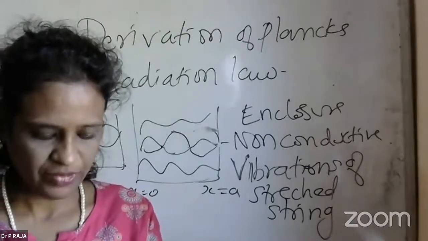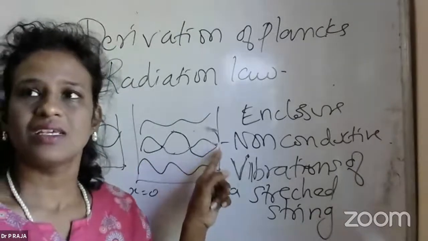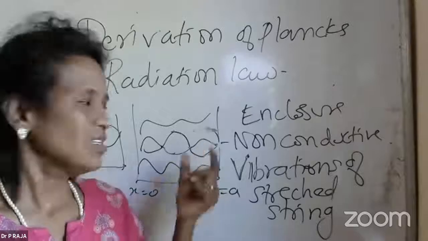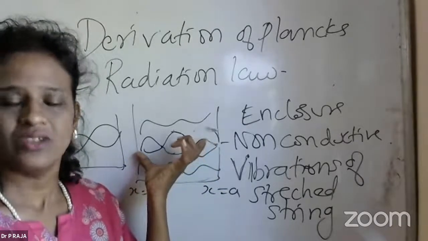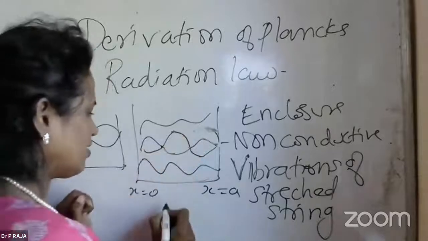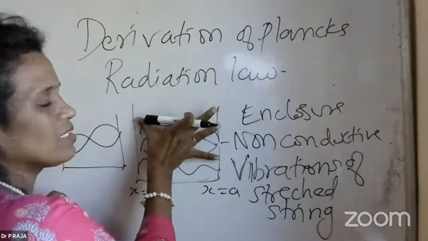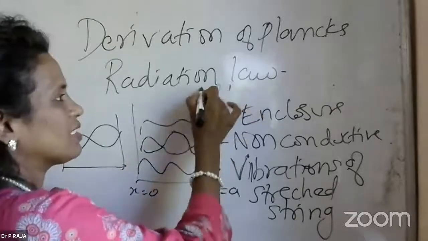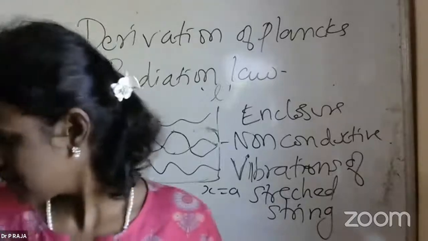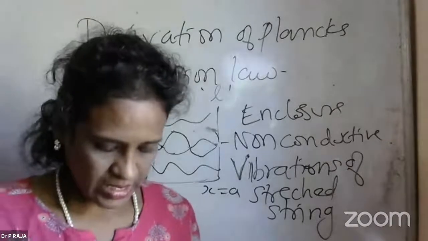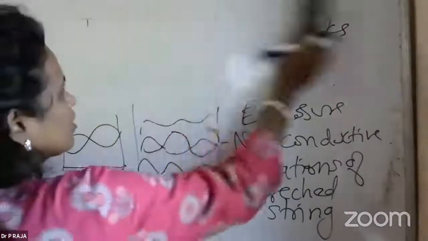Let us assume that these waves are like a stretched string, considered equal to a string with a length L. Imagine that the waves enclosed between these two regions have the length L. So let L be the length of the string.